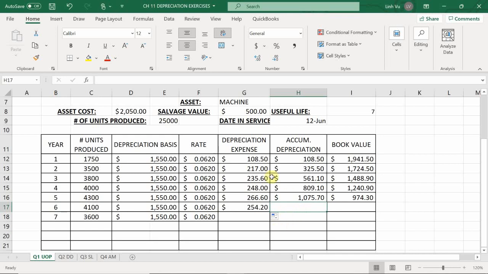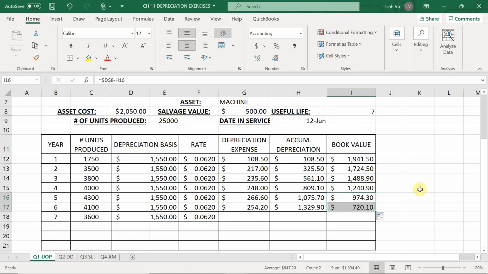So if we add that to our previous years of the $1075.70, we should get a total accumulated depreciation of $1329.90. All right, which if I subtract that out of my asset cost, will bring me down to $720.10. Okay. So let's complete the last one here.